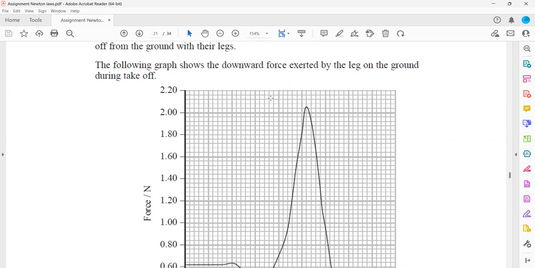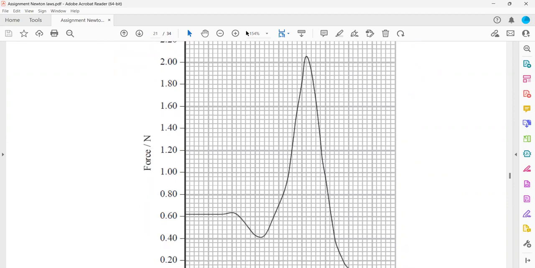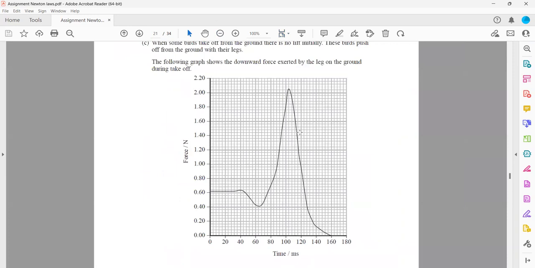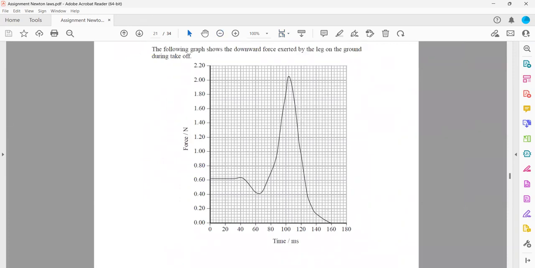The following graph shows the downward force exerted by the leg on the ground during a takeoff. So you can see, first, when the bird is on the ground, this represents the weight of the bird.